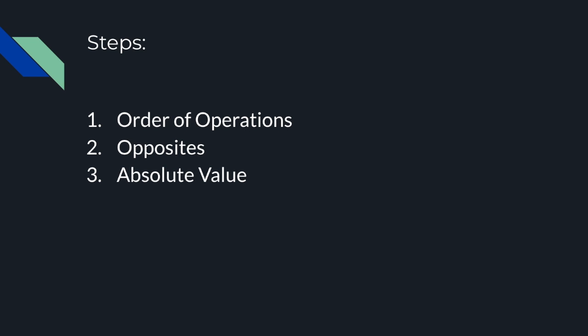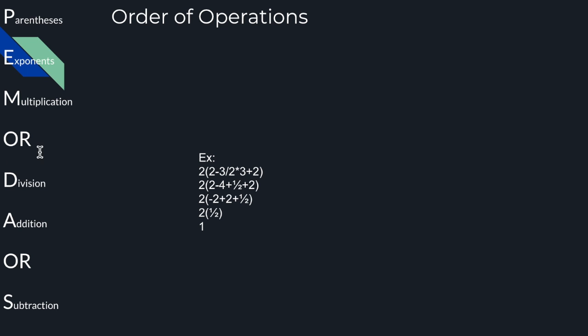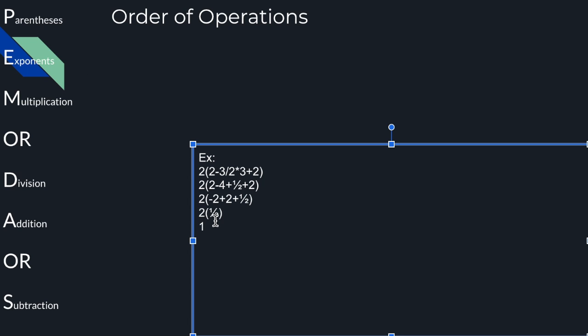So yeah, these are what I just said we'll be talking about. Here we have PEMDAS. If you've never heard of it, it's simply an abbreviation to show the order of operations. You have to do them in this order from top to bottom: parentheses, exponents.